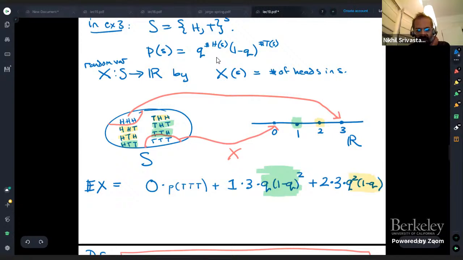And then finally, there is 3, which has 1 term, and the probability of it is, oh, have I got this backwards? No, I have got this correct. Yeah, Q cubed.